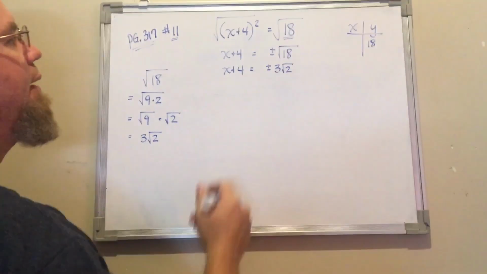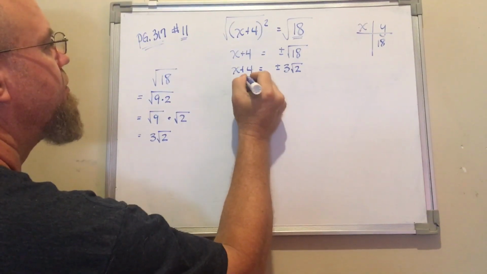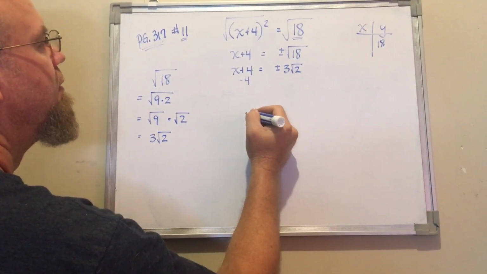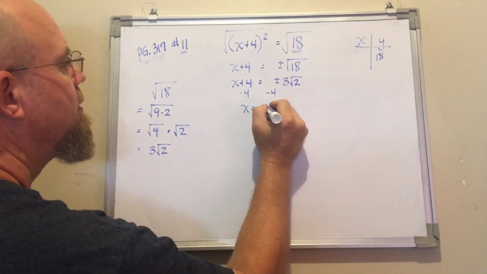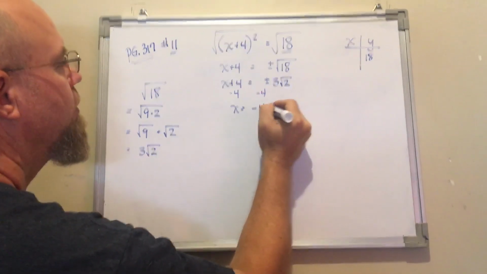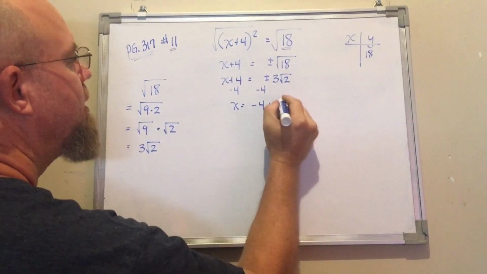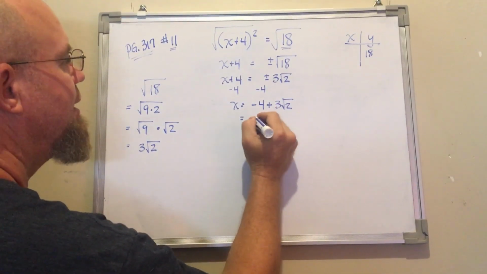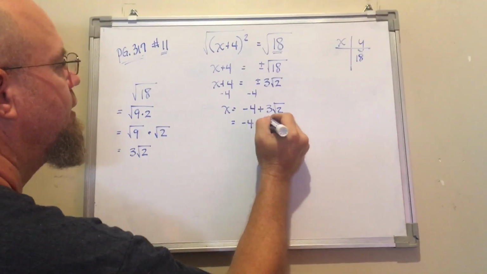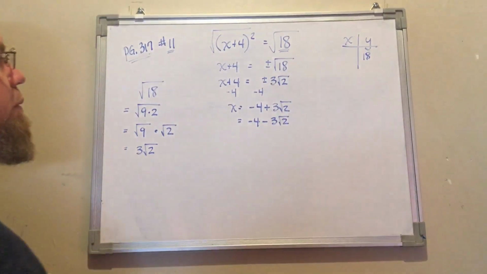So then we have our values for x. We can subtract 4 from both sides. So x is going to equal negative 4 plus 3 times the square root of 2, and it's going to equal negative 4 minus 3 times the square root of 2.